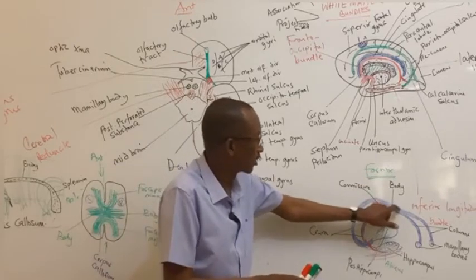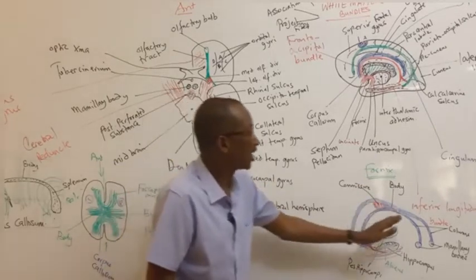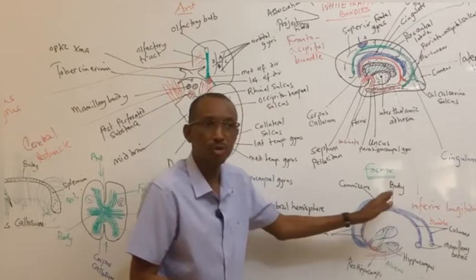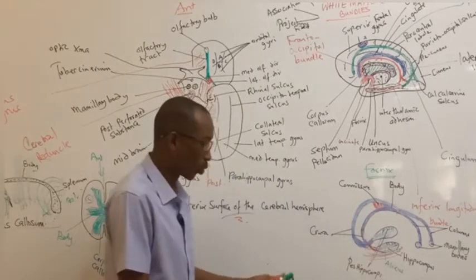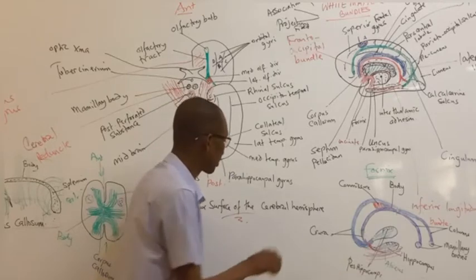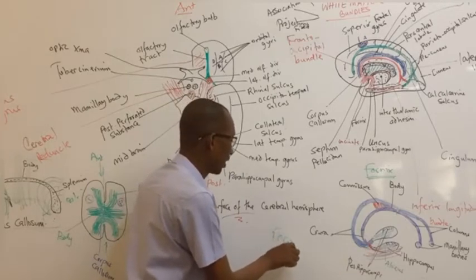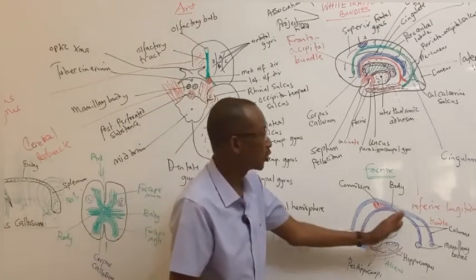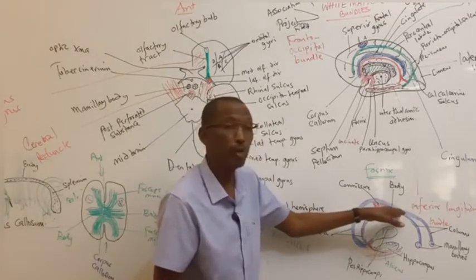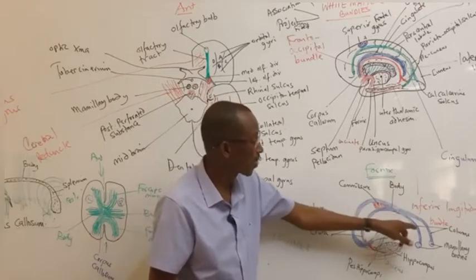So this is the body of the two fornices. Singular is fornix, and plural we call it fornices. F-O-R-N-I-C-E-S.